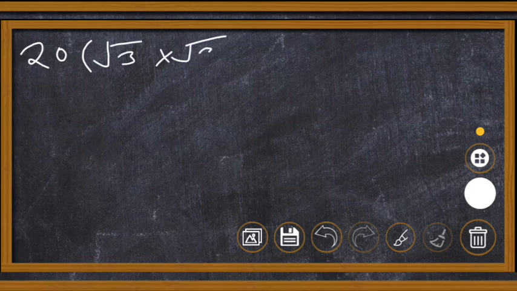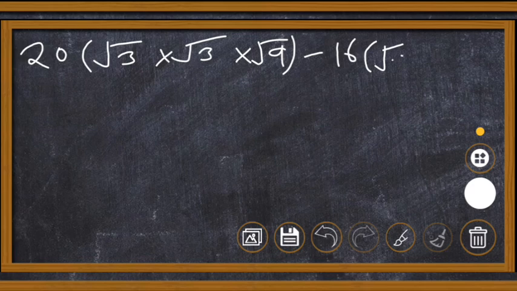Let's look at another example. Let's say we have 20 multiplied by the root of 3 multiplied by root of 3, multiplied again by root of 9. And then minus 16 multiplied by, in open brackets, root of 9 multiplied again by root of 9.